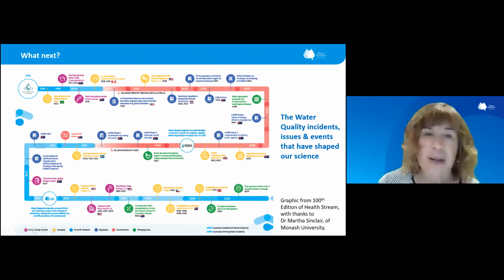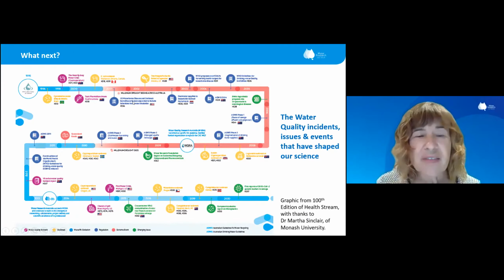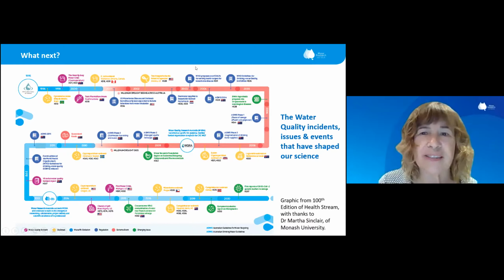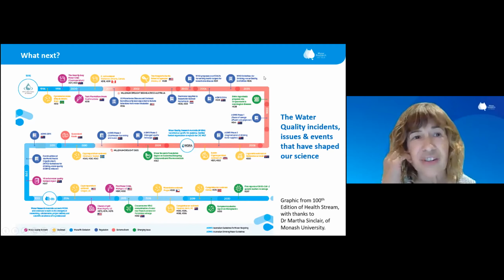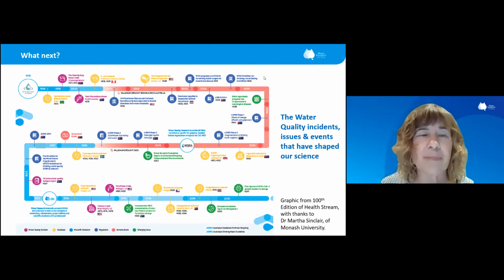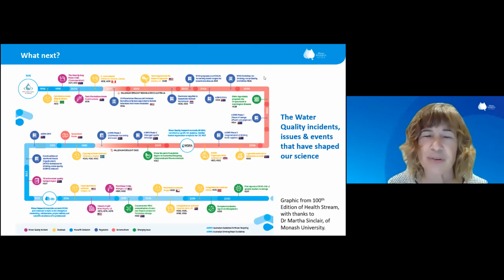So my last couple of slides are really about what's next. This graphic is a timeline that describes the water quality incidents, issues and events that have shaped our science to date. It starts with the origin of the CRC water quality and treatment back in 1995 and comes through to the present day.